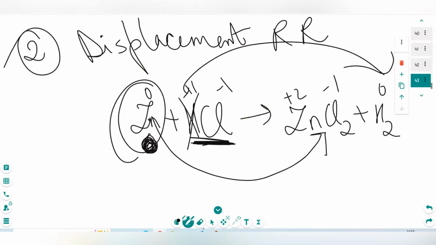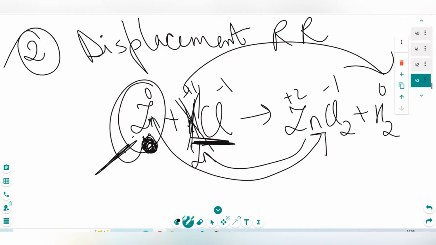Who displaced whom? Zinc displaced hydrogen. He removed hydrogen and he came with Cl. Like one element in a compound is replaced by another element. Not replaced, displaced. Why displaced? Because they still stay in the reaction.